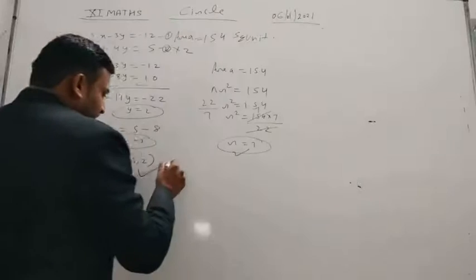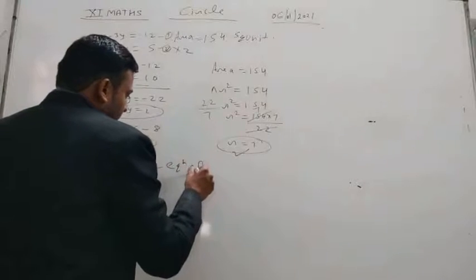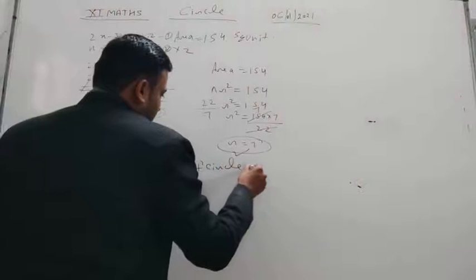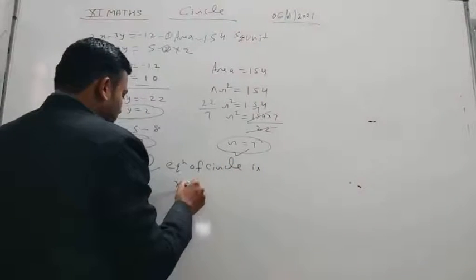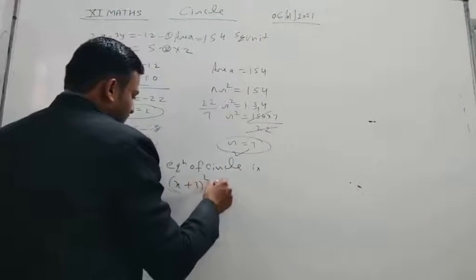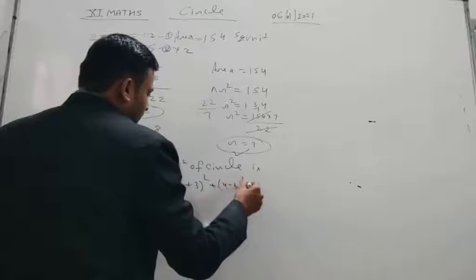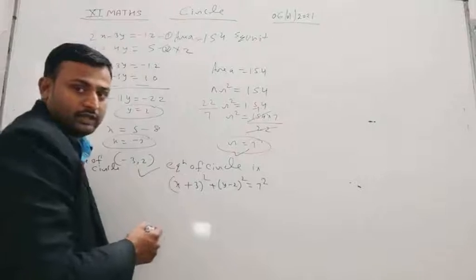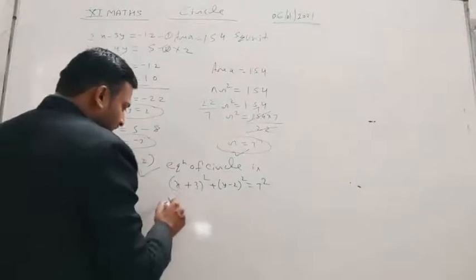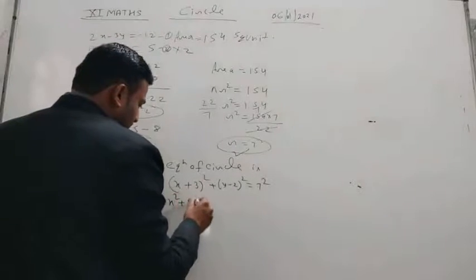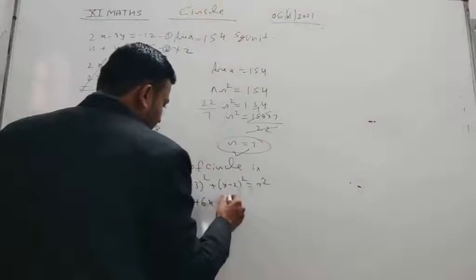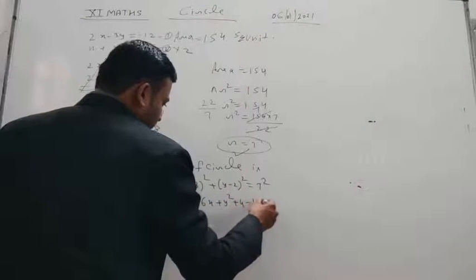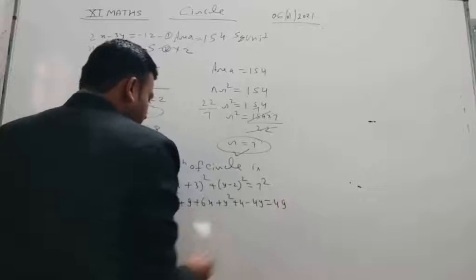So the equation of the circle is (x plus 3) whole square plus (y minus 2) whole square is equal to 7 square. Now we will expand this and get our result. So x square plus 9 plus 6x plus y square plus 4 minus 4y is equal to 49.